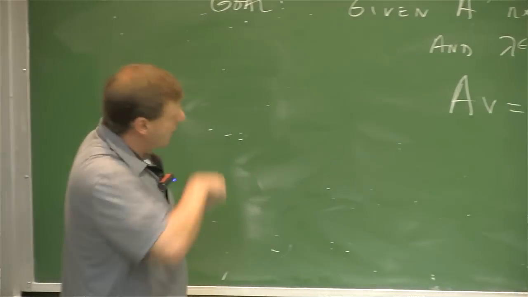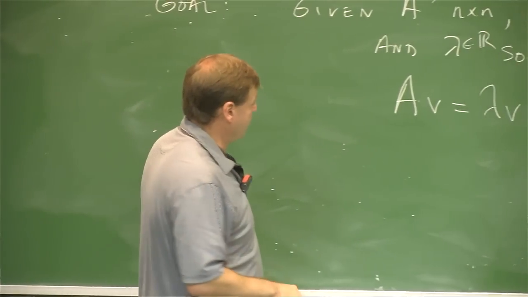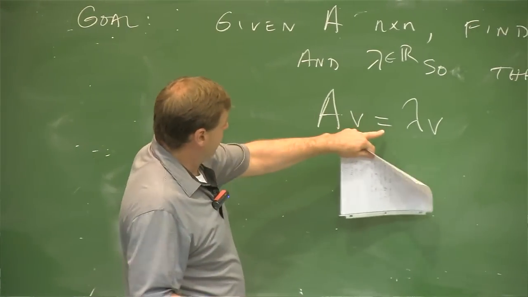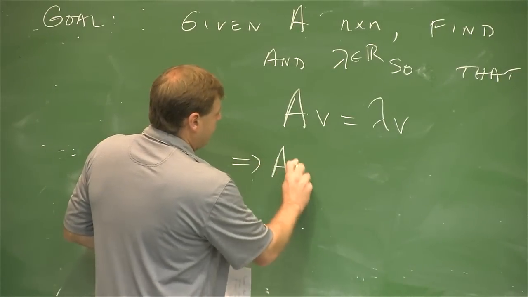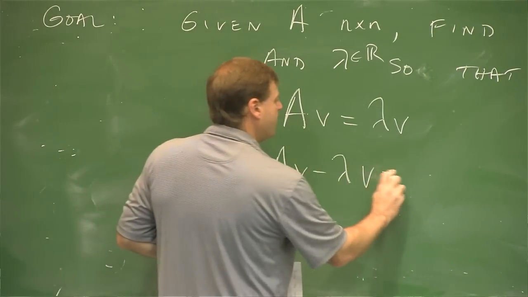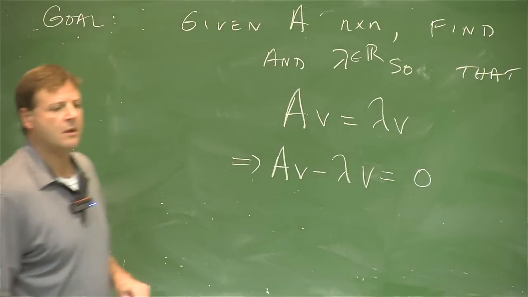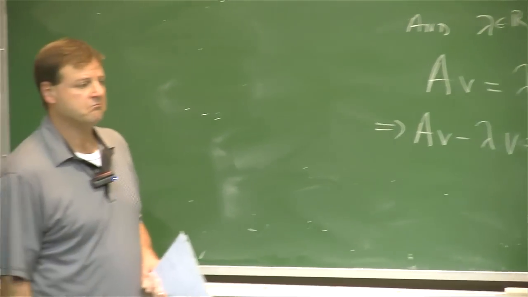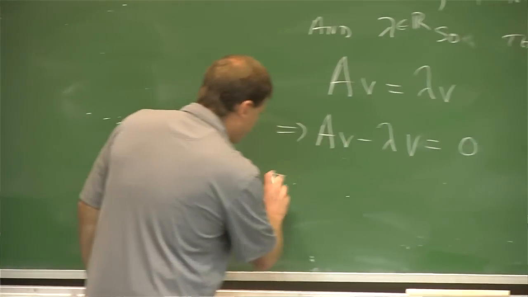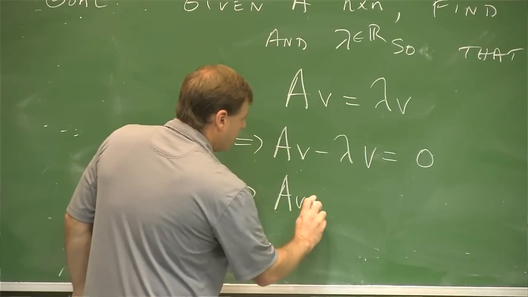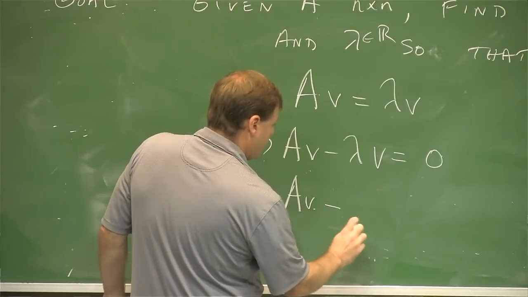Okay, so let's try to solve this. We have a little bit of experience with this. If I want to solve something like this, maybe that means Av minus lambda v equals 0. Just set it equal to 0. And then I'm going to do one little extra step here. This is why they pay me the big bucks.